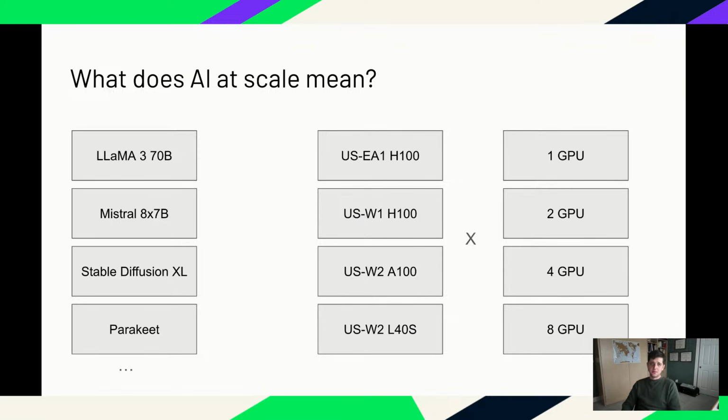Now, the core task of performing AI at scale to me is optimizing the mapping of these models onto these different types of hardware. And what that means really is you want to figure out, given your constraints, the most throughput per GPU you can get out of a given model.